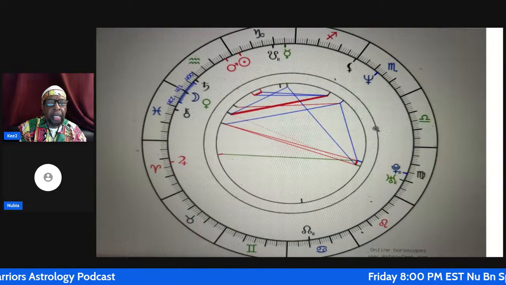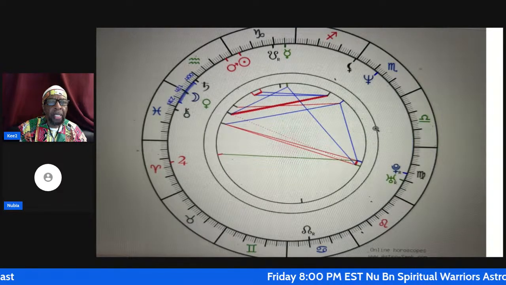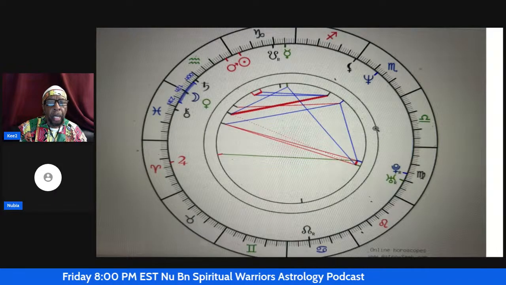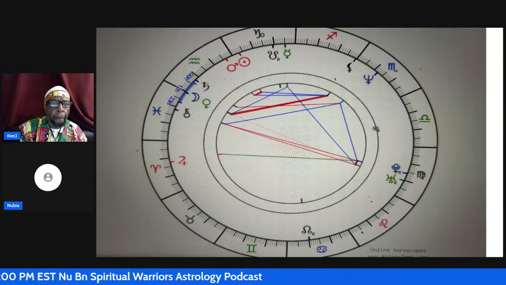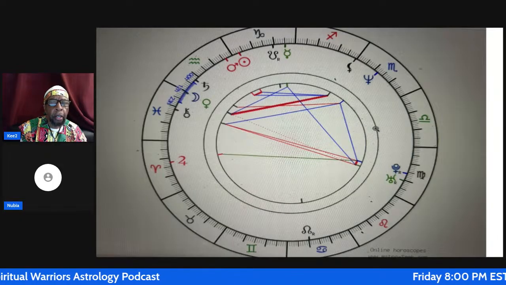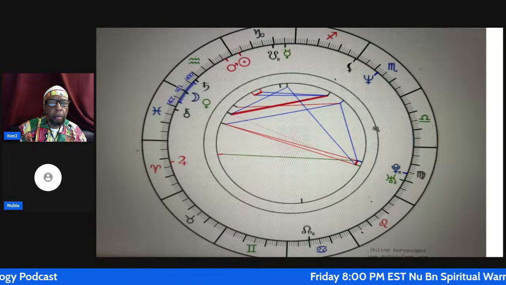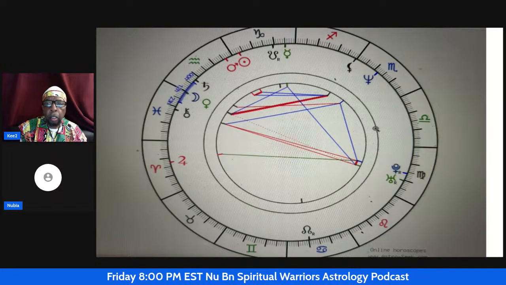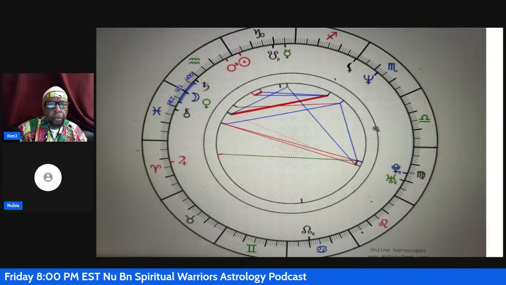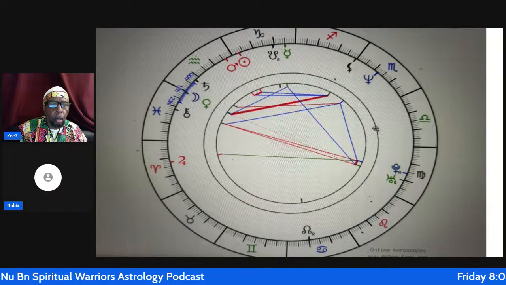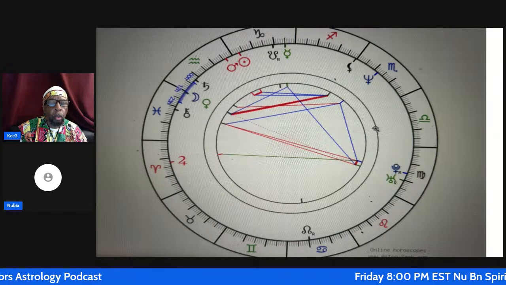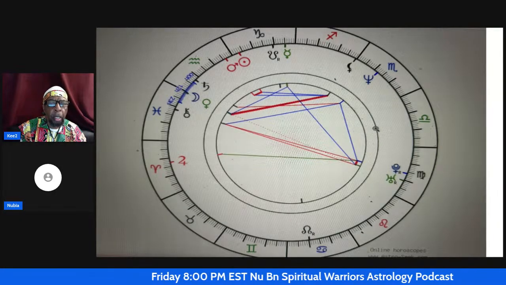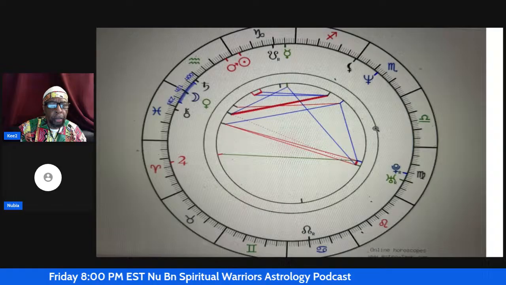All right, now I'm going to the 11th house. Now, the 11th house is the house of Aquarius in this particular chart. And in this chart, Mars, that circle with an arrow, is in Aquarius. So with Mars being in Aquarius, that indicates that this person is action oriented. Aquarius, first of all, or the 11th house as well, deals with humanitarian causes.